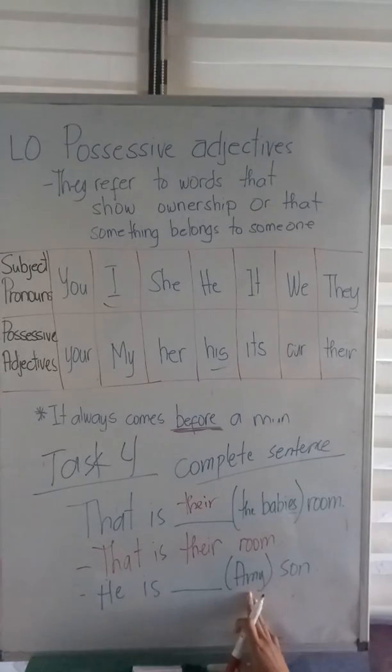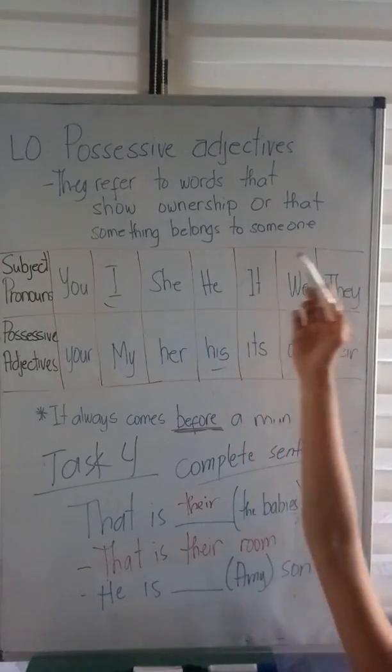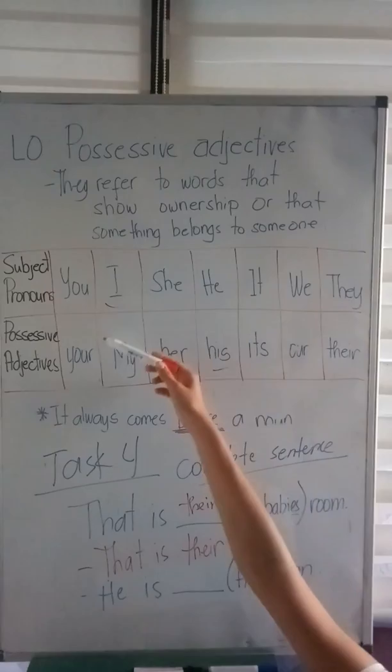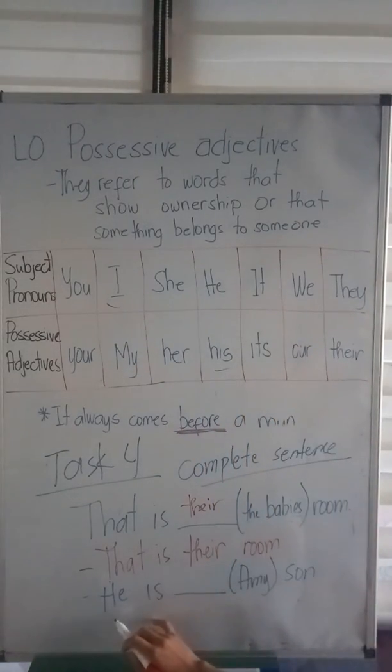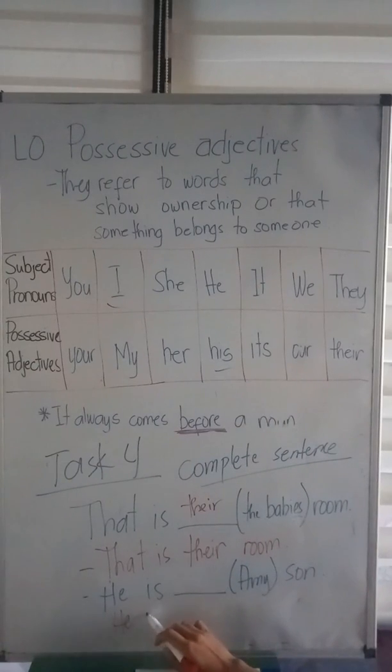You have to think of the gender. Is it a female or male's name? Amy, it's a female name. So for female, the equivalent subject pronoun is she. And the equivalent possessive adjective for she is her. So the answer here is he is her son.